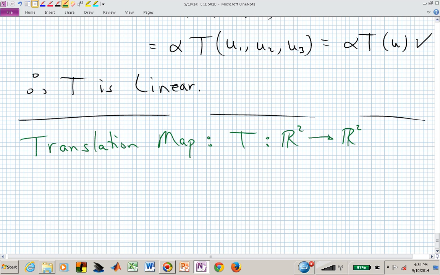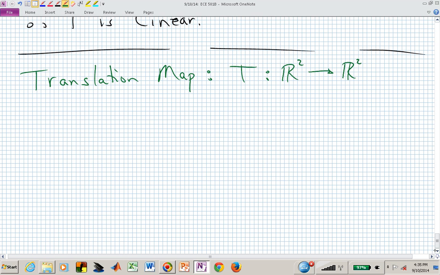Let's just play in R2, on your desktop in X and Y. So now let's say that T of U1, U2, we have two coordinates, is U1 plus 1 and U sub 2 plus 2.